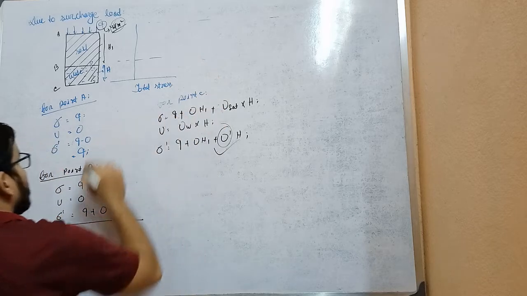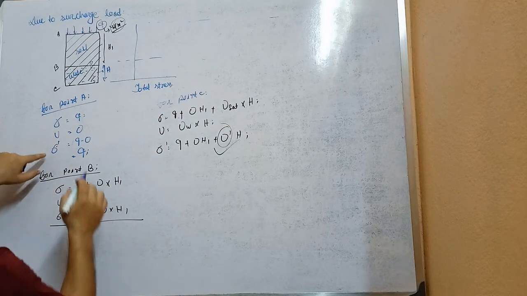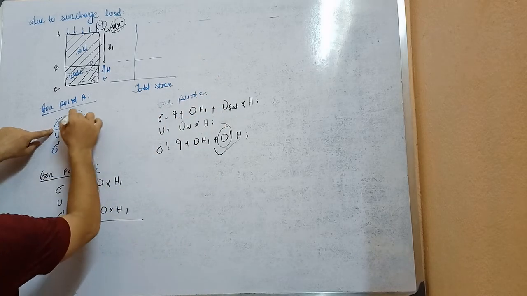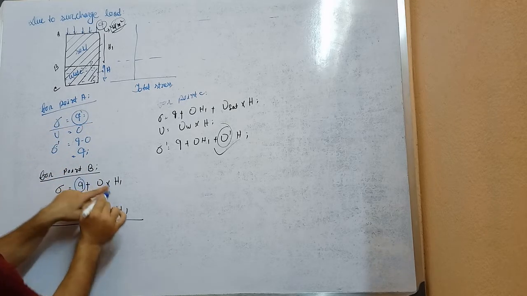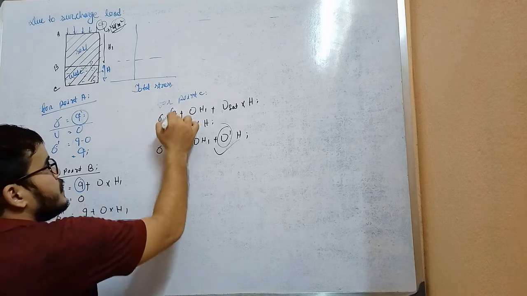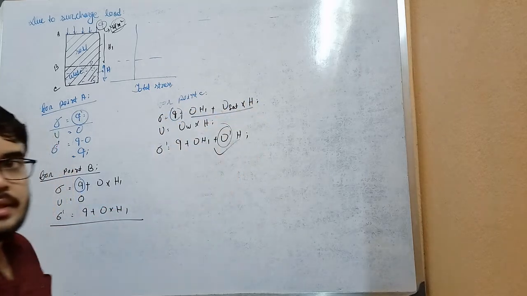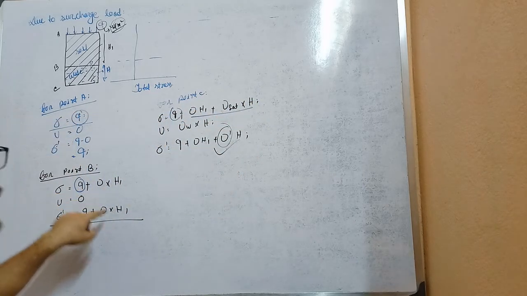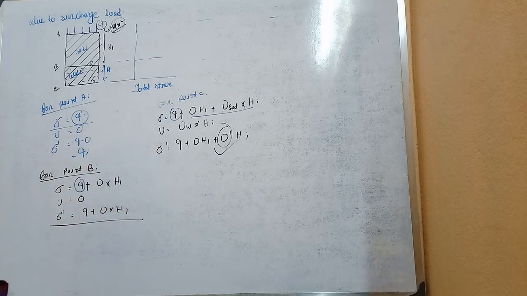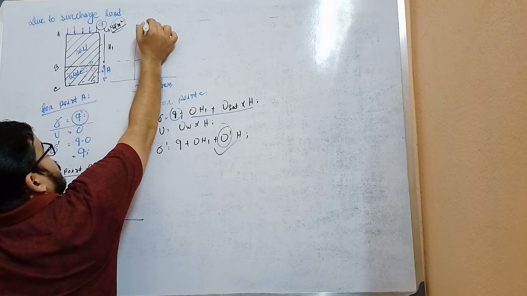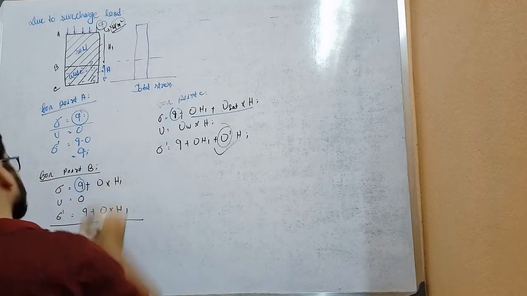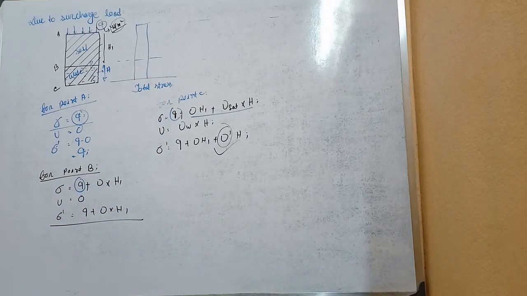Here look into this term. Here total stress Q. Here total stress Q plus gamma into H1. Here total stress Q plus this. That means Q is constant at every point. So now we can draw this like this: as Q is constant, this is Q, a rectangle.